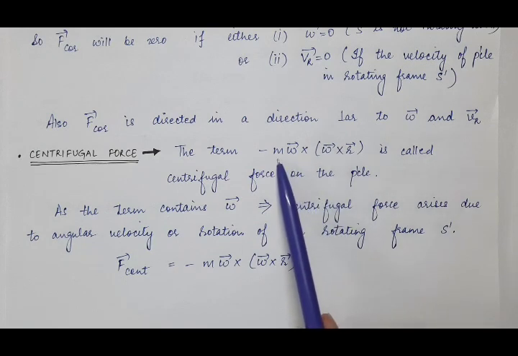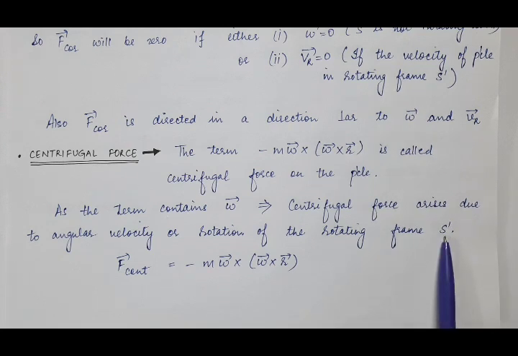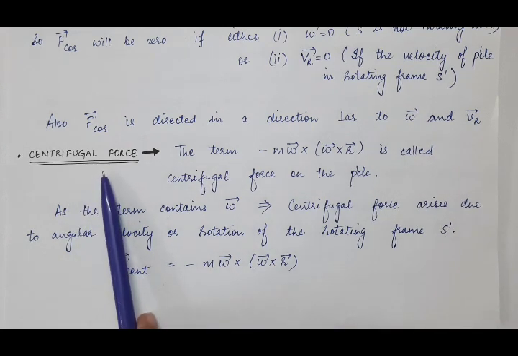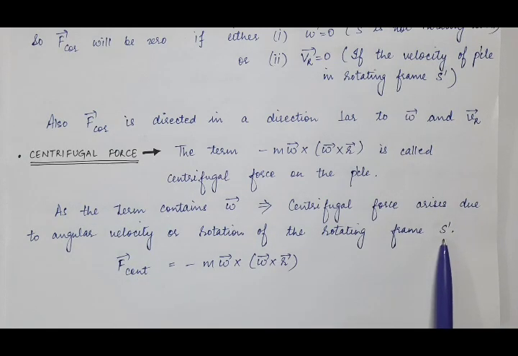Now as you can see, this term also contains omega. And what is this omega? It is the angular velocity of the rotating frame S dash. So this centrifugal force also arises due to the rotational motion of the rotating frame S dash. And this centrifugal force will be 0 if this rotating frame S dash is not rotating at all.